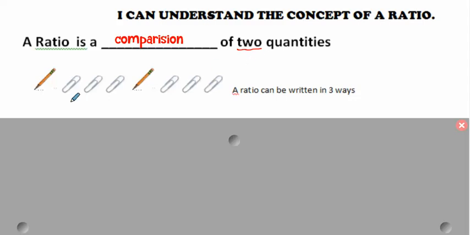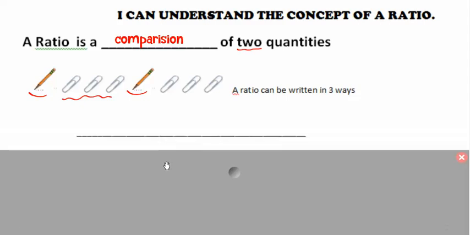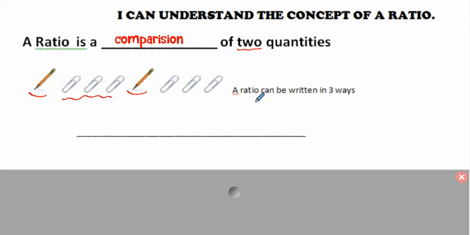So if you look at this picture, what am I comparing here? I have pencils and I have paper clips. That's what I'm comparing. Okay, so if you think about it, a ratio can be written three different ways. If you count my pencils, I have two pencils, and I have 1, 2, 3, 4, 5, 6 paper clips.